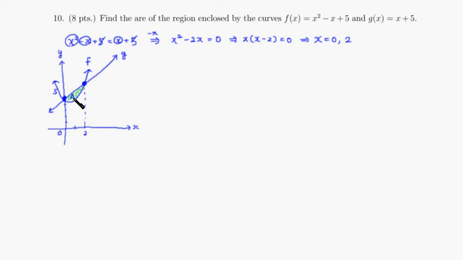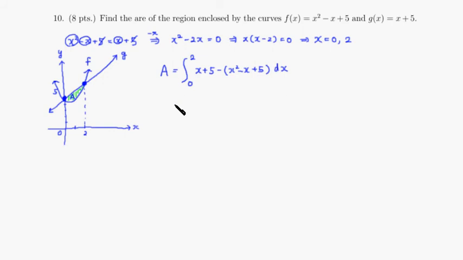So area A is going to be the integral from 0 to 2. Top one is x plus 5 minus the parabola, x squared minus x plus 5, dx.